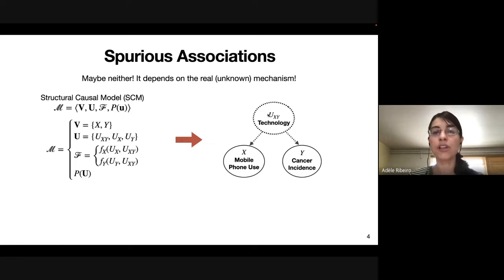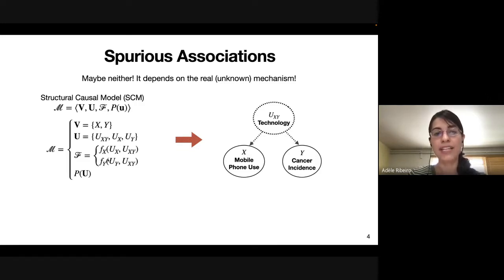The technology is allowing more users to buy, or making cell phones more affordable. That's why technology is a cause of the increase in mobile phone users. At the same time, this technology is also increasing the cancer incidence, just because we are improving the diagnostic tools to detect cancer.